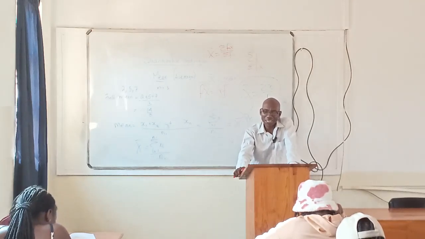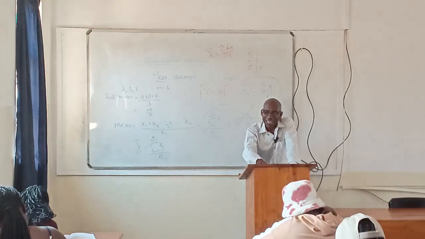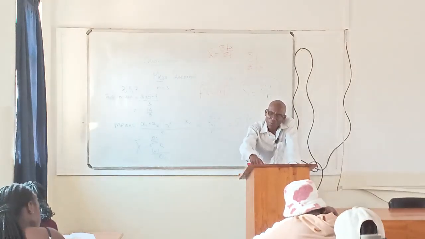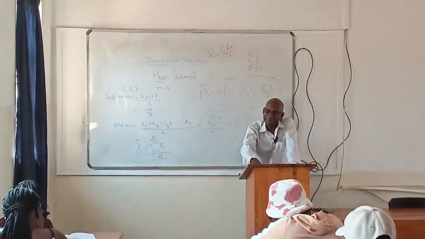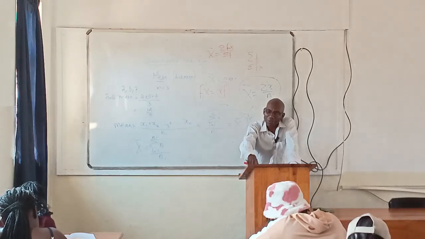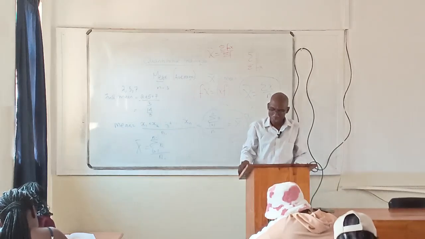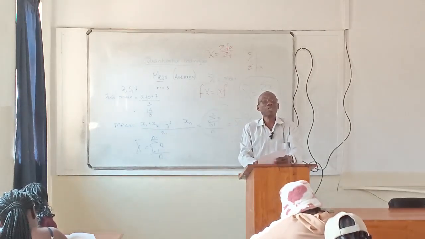Then you are going to use fx, 23 times 22, the answer is there. You have to add the f and the fx. The formula is the sum of fx divided by sum of f, and the answer you get is the mean speed for cars at that particular place.